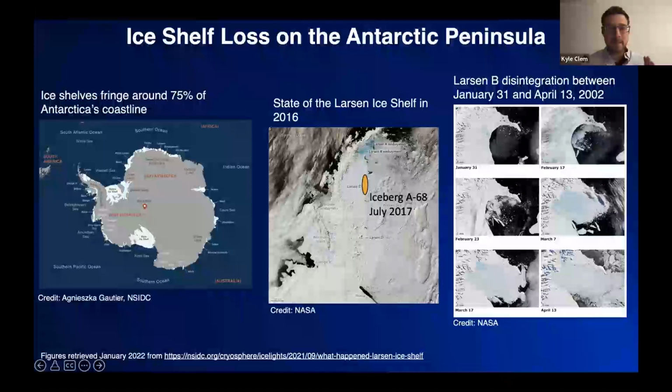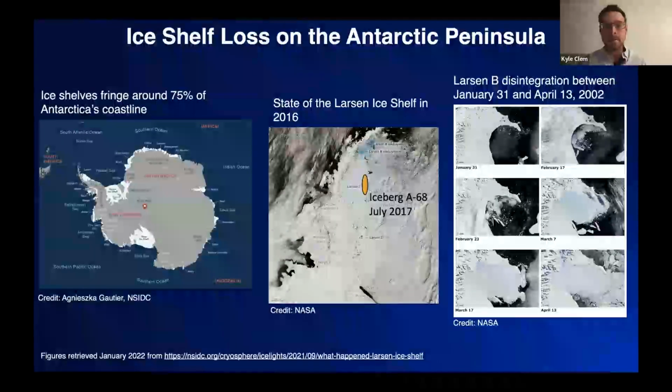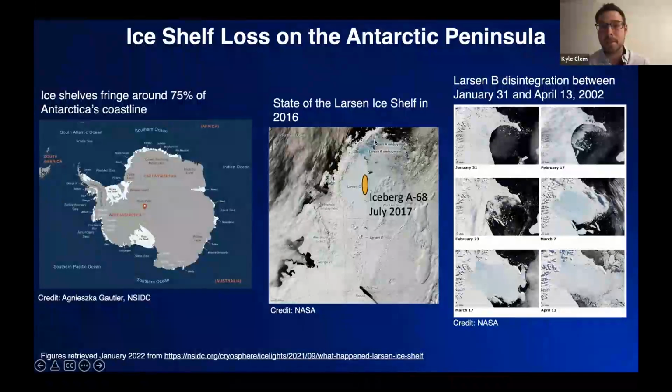When you get these extreme warm temperature events, it can lead to very strong surface melting. On the Antarctic Peninsula, for instance, this surface melting can lead to ice shelf collapse through a process called hydrofracture, where the surface melt ponds and trickles down through rifts and cracks, and it expands when it refreezes, and it mechanically breaks these ice shelves apart, leading to a dramatic collapse, which we've seen on the northeastern tip of the Antarctic Peninsula since the mid-1990s.